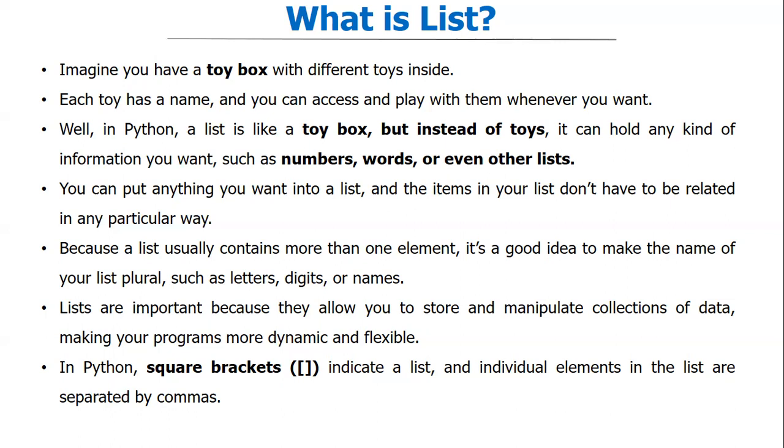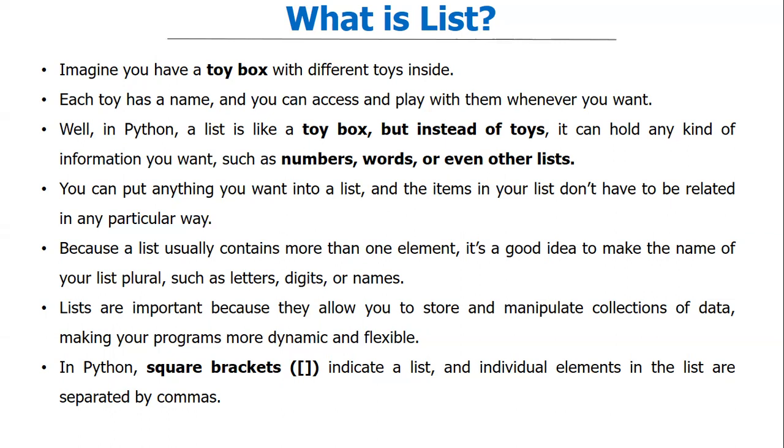That is why it's advisable to put the names of lists in the plural form. If you are dealing with names, you are going to store a bunch of names in there, so you have names equal to, and you put your list in that order. So basically, it's advised to make the name of your list plural.